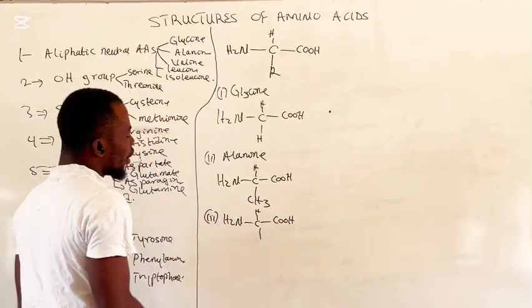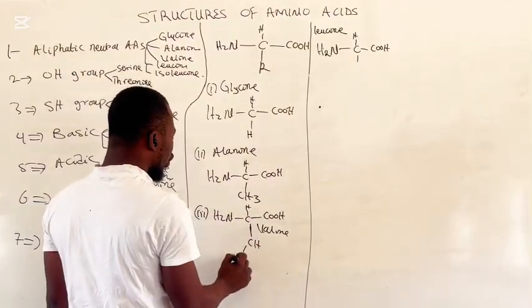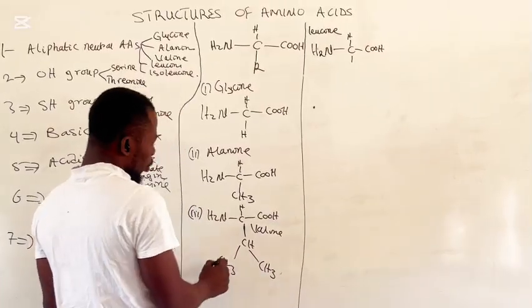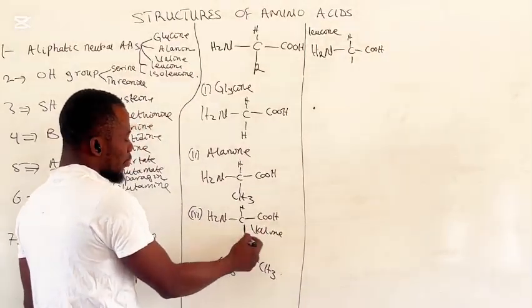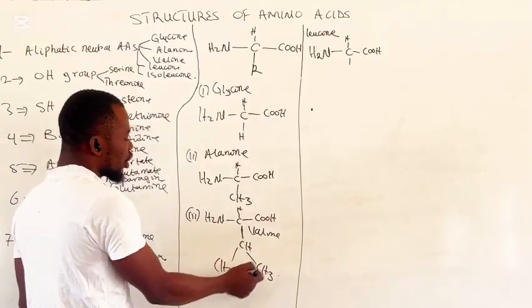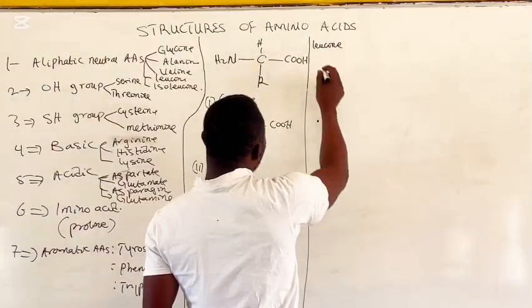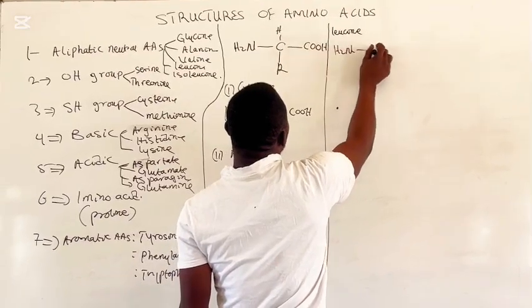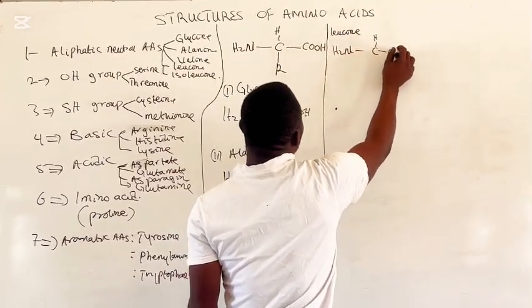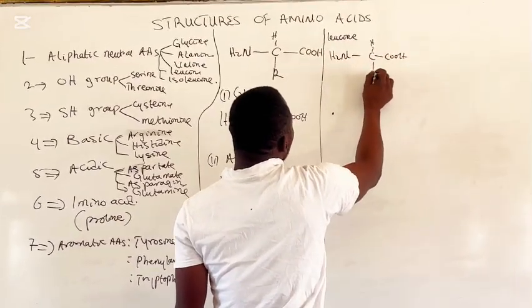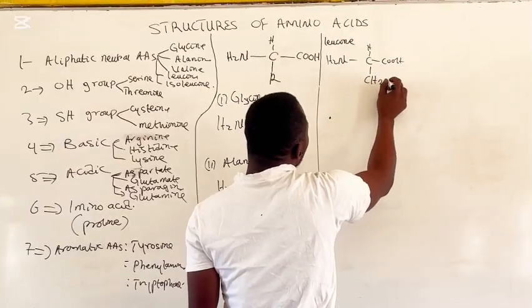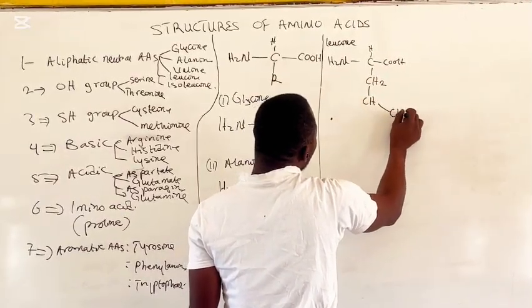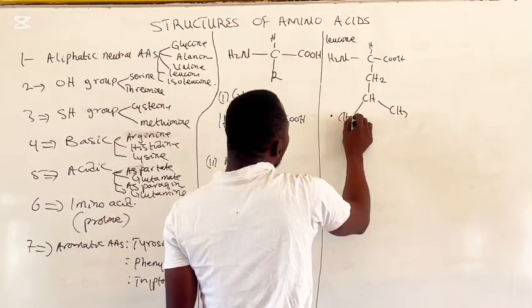The structure of valine is CH, CH3, CH3. You can use this V shape to remember valine: CH, CH3, CH3. Next one is leucine. Leucine is CH2, CH, CH3, CH3.